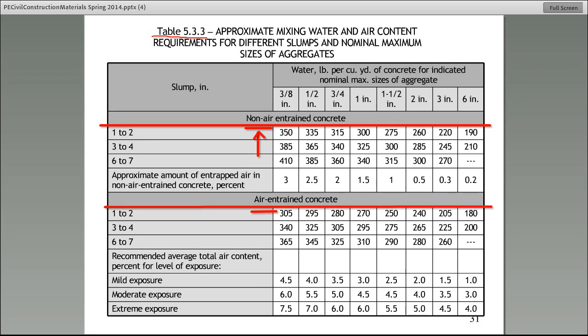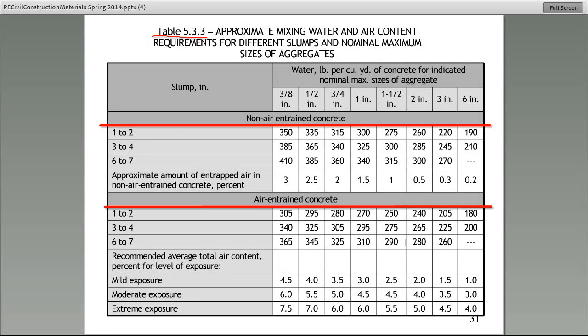So in this particular problem, we're going to concentrate and use the top part of the table. All right. However, if exposure was severe, then you would use air entrained concrete, the bottom part.